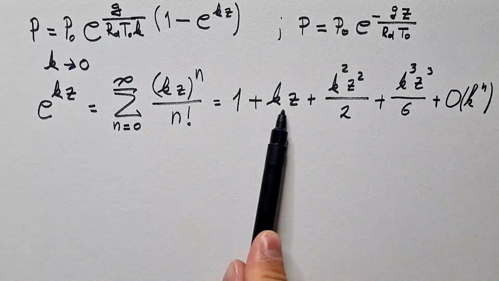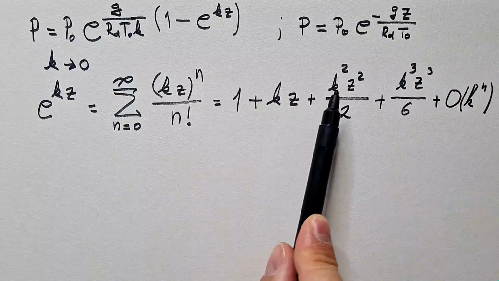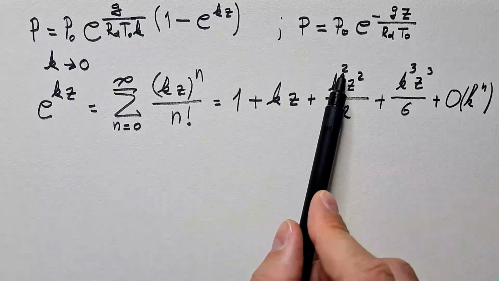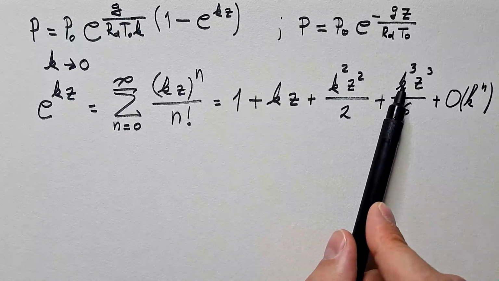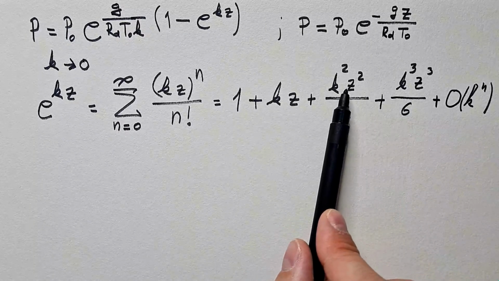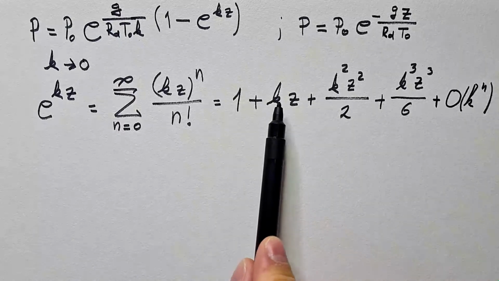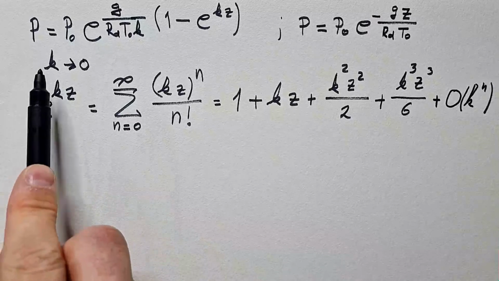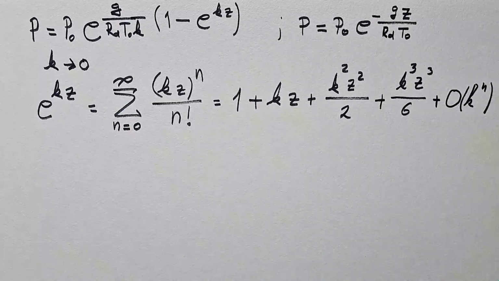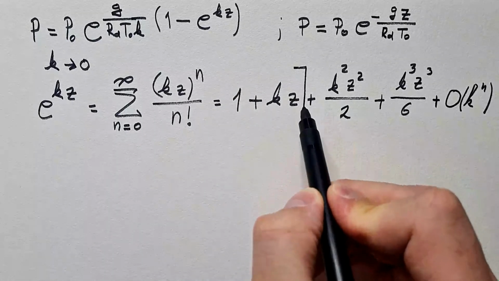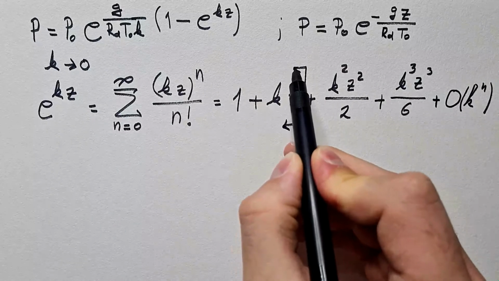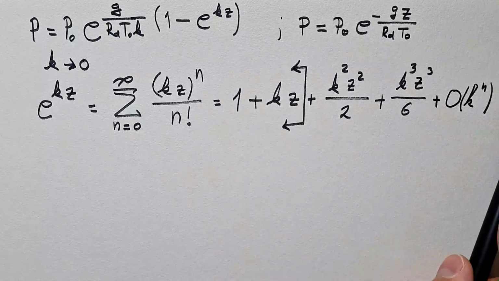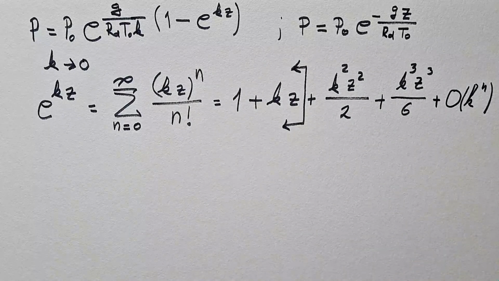If k goes to 0, this goes to 0. But this term goes to 0 even faster because it's squared. And this one that is cubed goes even faster than this one and much faster than this one. So in this particular problem where k goes to 0, we are really only interested in the first two terms. The reason being, if this one goes to 0, all others go to 0 much faster.